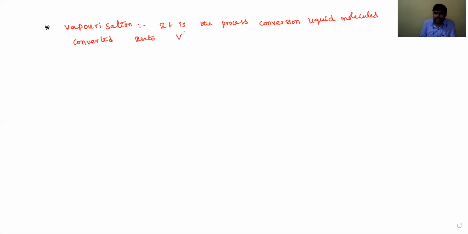Liquid molecules are converted into vapor molecules. So it is the process of the conversion of liquid molecules into vapor molecules.